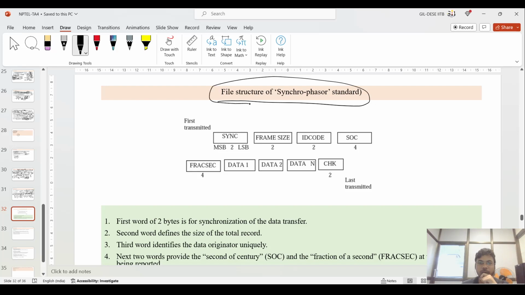Okay. So let's jump to the next topic, that is the file structure. I have deliberately given this slide to help you understand that when communication is happening, there is a certain set of data sending format.